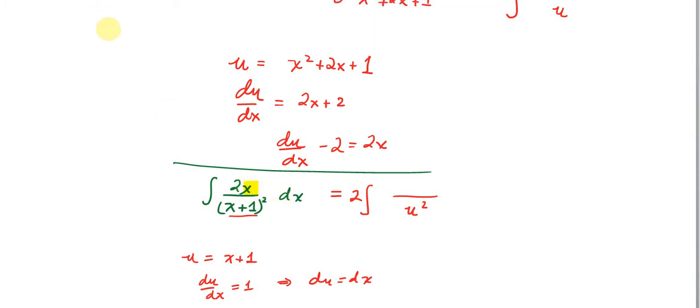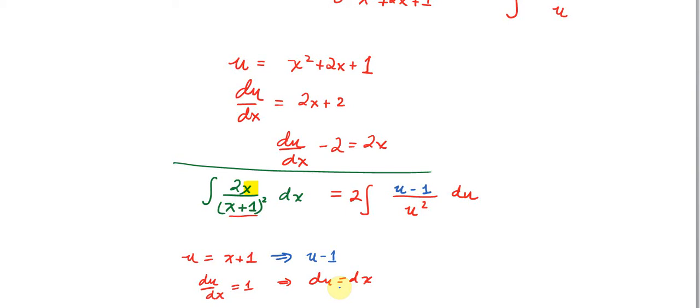Actually, dx is also easily resolved, because dx is equal to du. So the real issue is, how do I get rid of this x? Well, x plus 1 is equal to u. Therefore, u minus 1 is equal to x. So this becomes u minus 1.